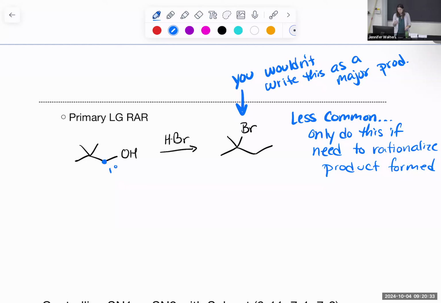So first, alcohols are bad leaving groups. So we need to protonate it first. Or you could think about it as we have a strong acid. Strong acid is going to protonate something, right? So first step is going to be activation of that alcohol, activation of our leaving group to make that oxonium ion.